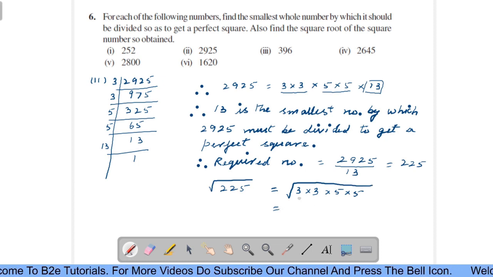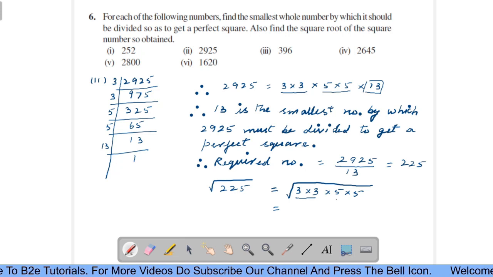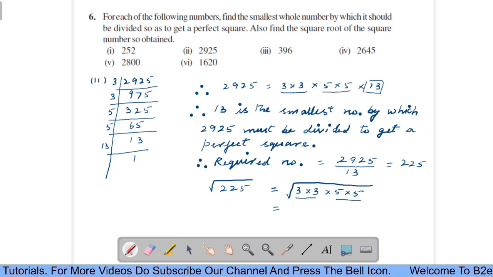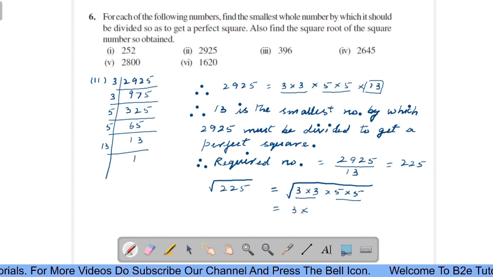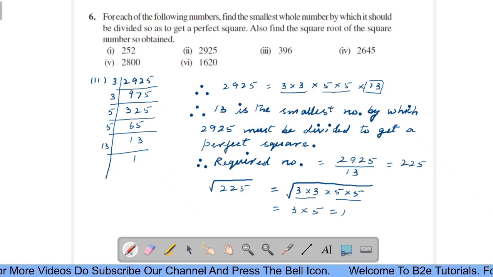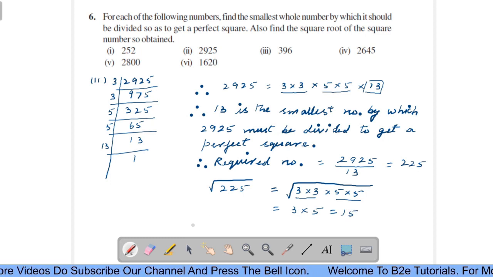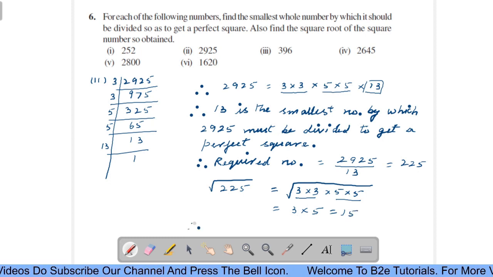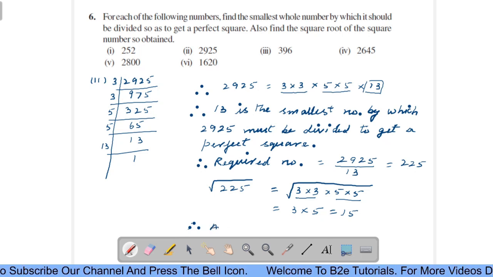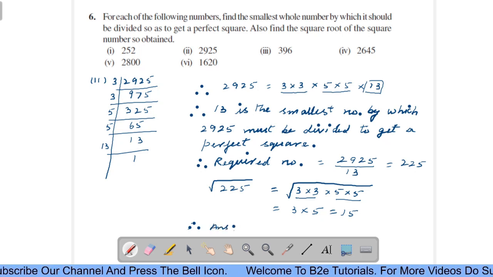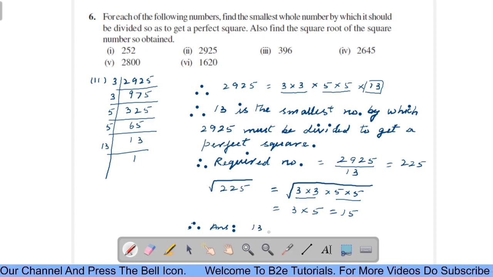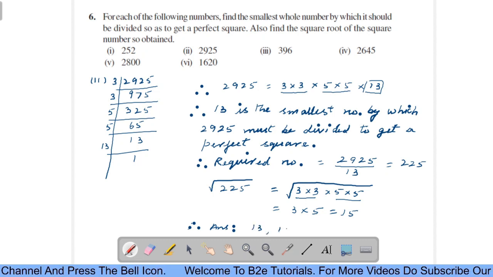Here make pairs of 2 and take one number from each pair. It is 3 into 5, that is 15. Therefore your answer is 13 and 15.